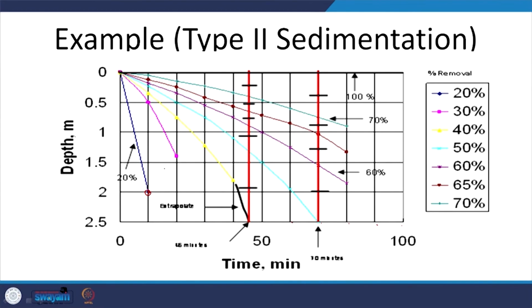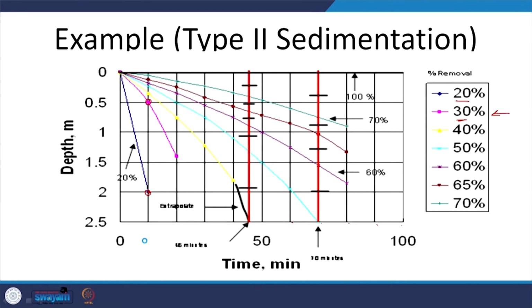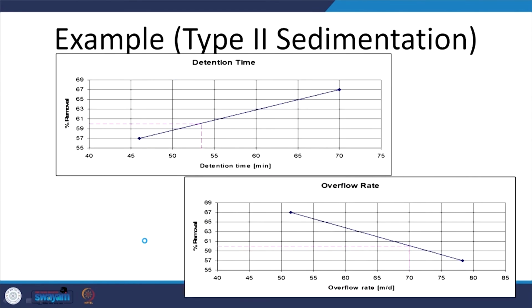The next one is 30%, and we will have it at 0.5, and more or less we plot this data in this fashion. So, let us move further.